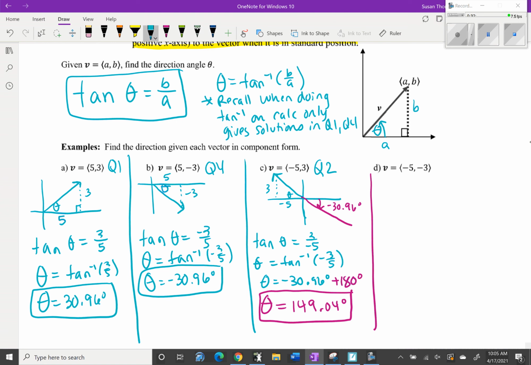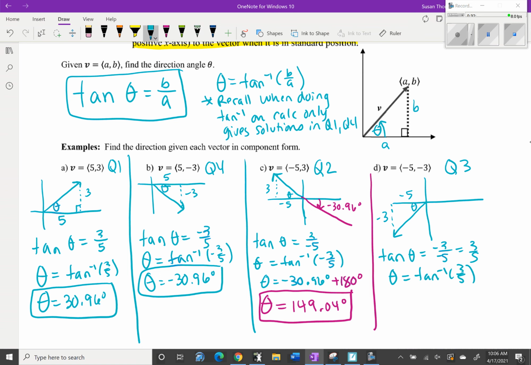Same thing if we're in quadrant 3 like this next one. So for this next one, we have our vector, so negative 5 and negative 3. So the tangent of theta equals negative 3 over negative 5, which is of course 3/5. So theta equals the tangent inverse of 3/5, which we did on the first problem A. So we know that that's equal to 30.96 degrees. But we know that that is quadrant 1.